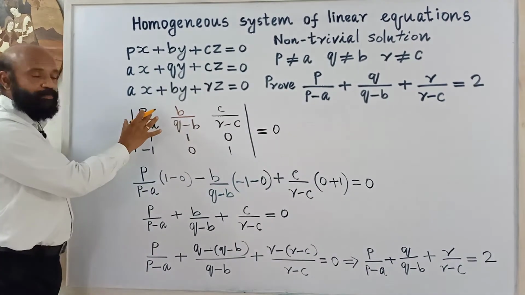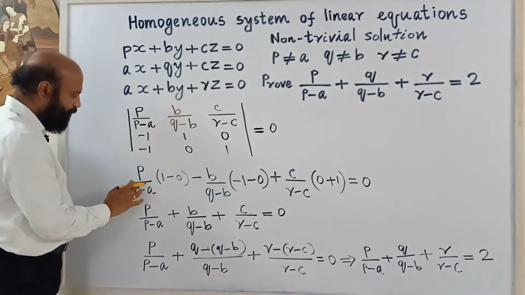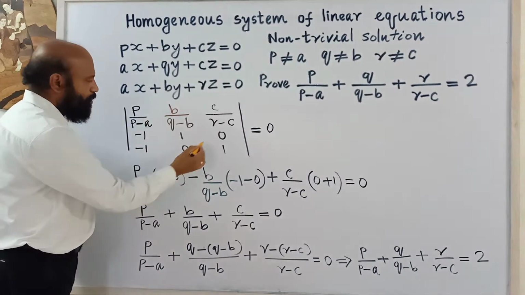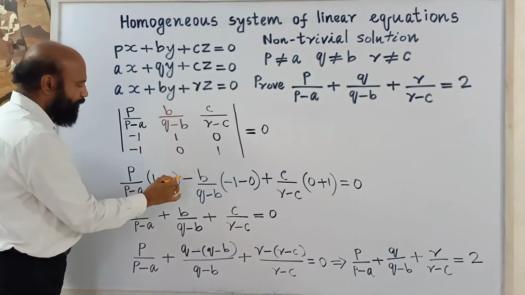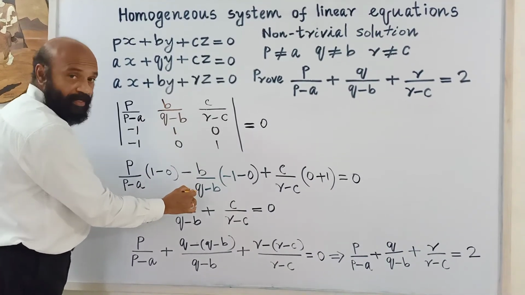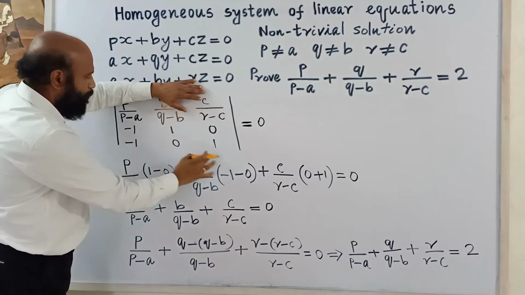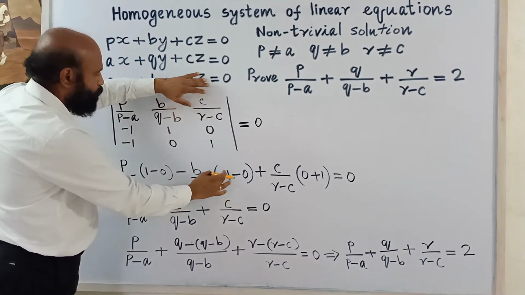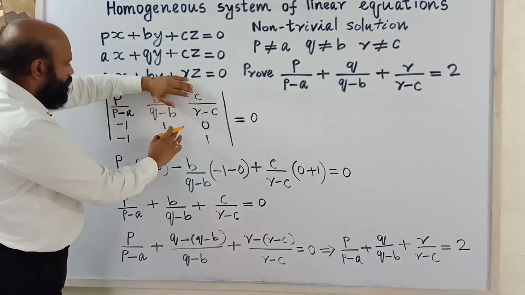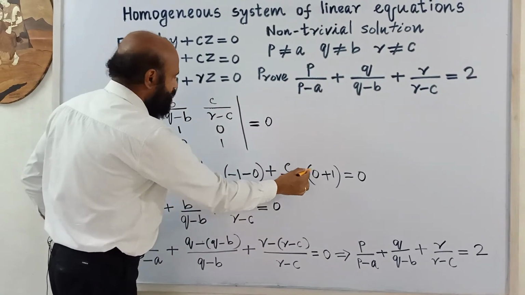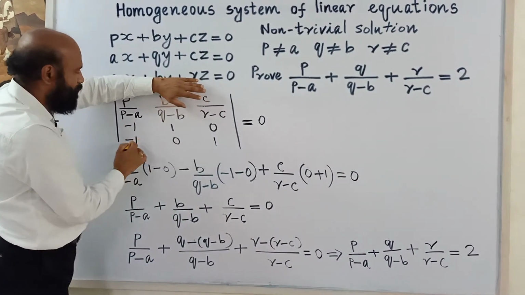So now let us expand this. P divided by P minus A, then 1 into 1, 1 minus 0. Next minus B divided by Q minus B into this minus 1 into 1 minus 1 minus 0, plus C divided by R minus C, then this minus this.